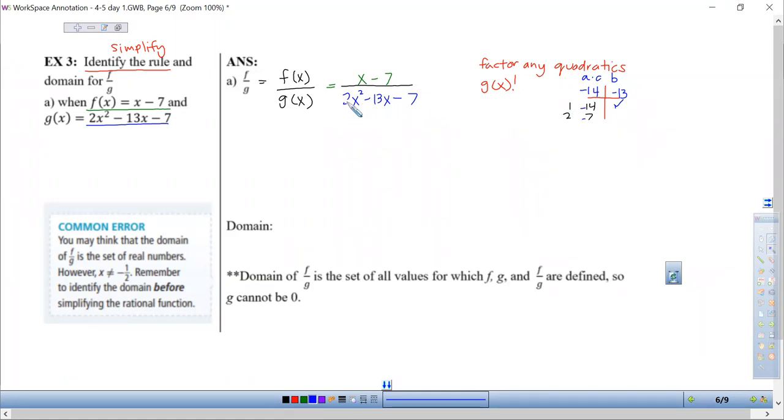Remember, because a is not 1, I have to use grouping. So I have to write 2x squared, and I'm splitting up my -13x with these numbers. So I have +1x minus 14x, and then I'm keeping my c term -7.